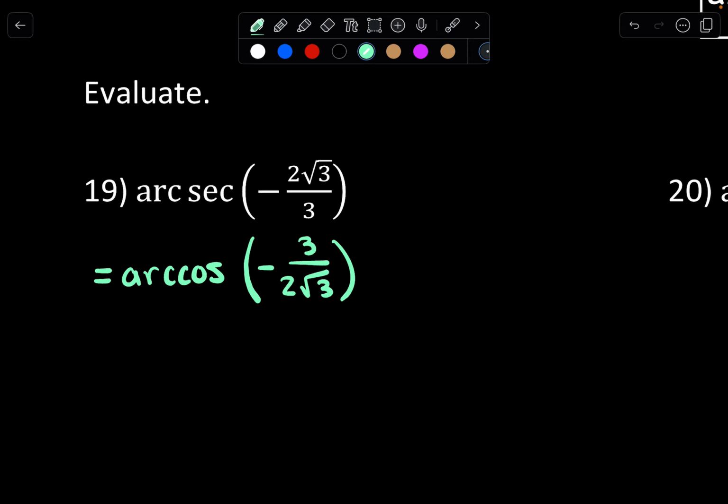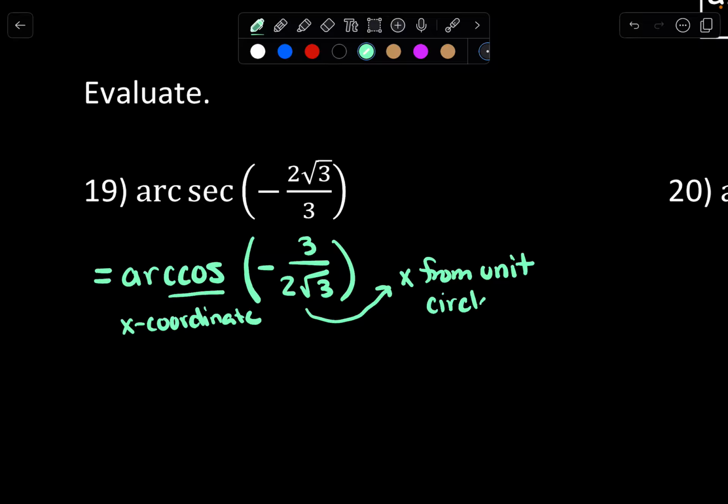Now, this is arc cosine, which means I'm focused on the x-coordinate from the unit circle. So this is technically going to be x from the unit circle. Not just the bottom, the entire term in there. So x from the unit circle, which means if we go back and look at arc secant, this is technically 1 over x from the unit circle.